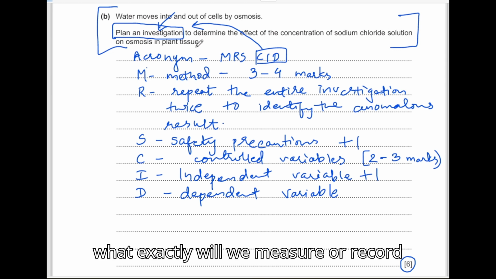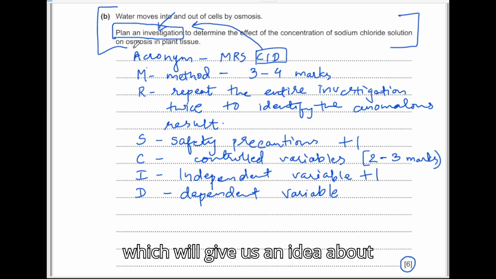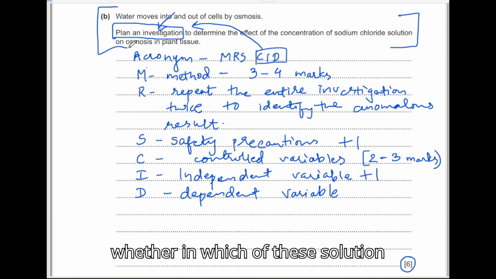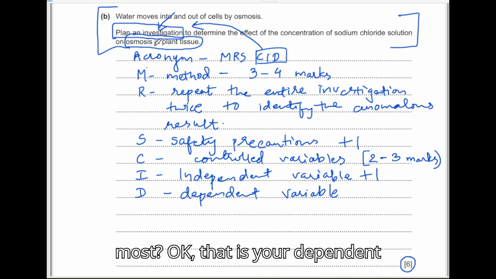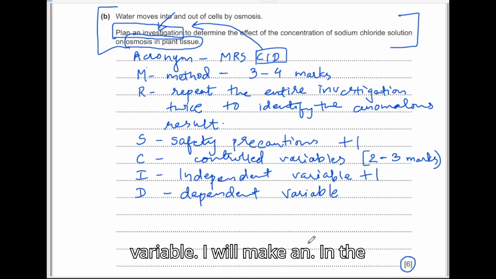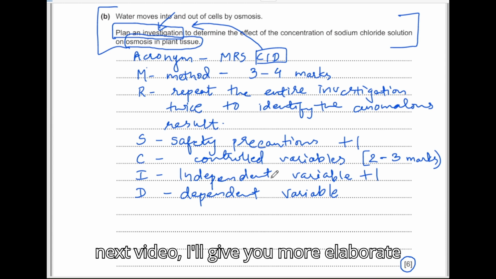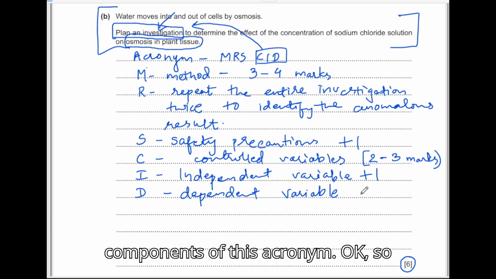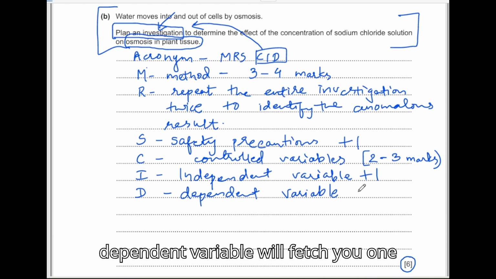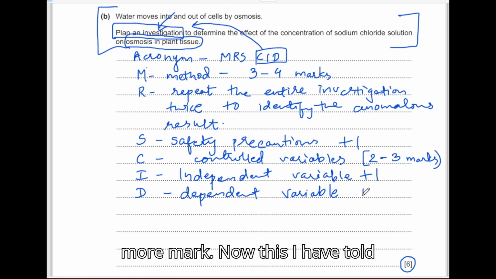So what exactly will we measure or record, which will give us an idea about in which of these solutions osmosis has taken place fastest or most? That is your dependent variable. In the next video, I'll give you a more elaborate explanation about each of these components of this acronym. So the dependent variable will fetch you 1 more mark.